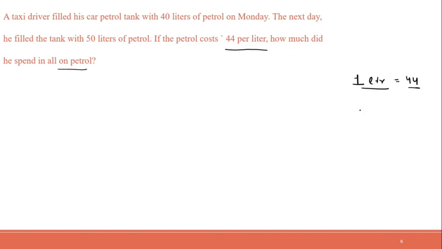So if I want to buy 40 liters of petrol, what will I do? I have to pay 44 for 1 liter, into 40, because now it is 40 liters. That means 44 for 1 liter is 44. 44 into 40 liters, we will multiply these two, right?